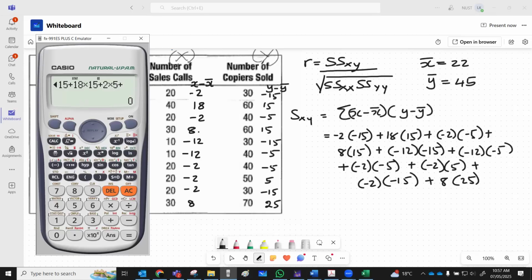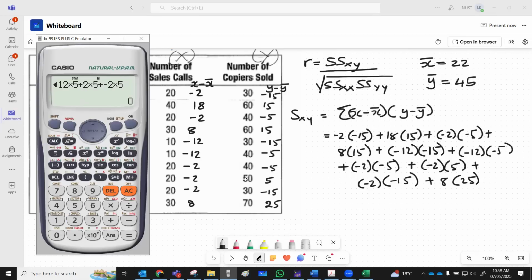Then I have 8 and 15. Then I have 12 and 15. I have 12 and 5. Then there is 2 and 5. Then there is minus 2 and plus 5.